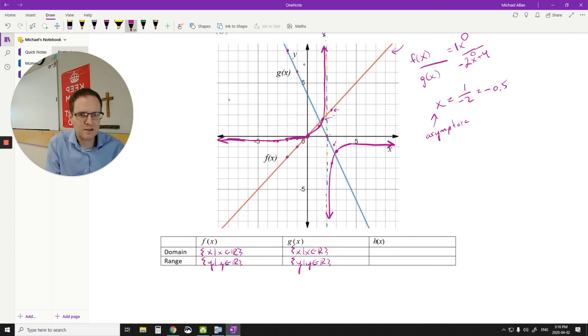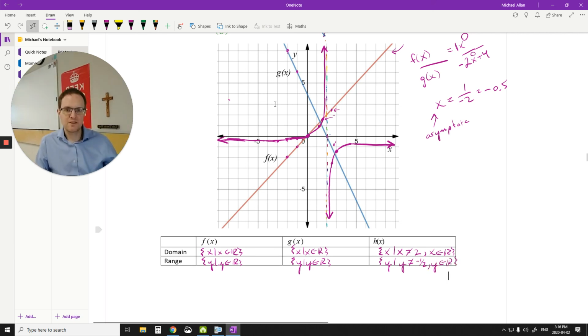And I'm going to go h divided by g. So this one here is going to have a domain restriction of 2. x cannot be 2. Yep. And y cannot be negative a half. Okay, there we go.